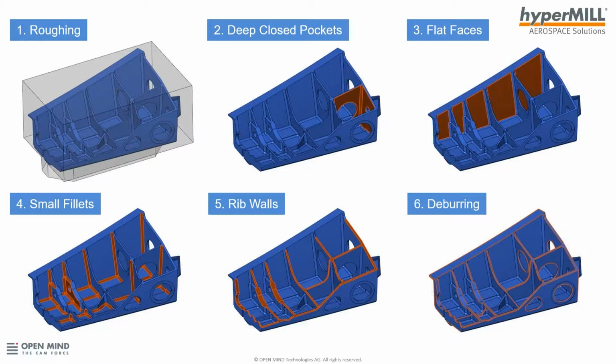The next challenge is rib walls. Often I find people will say rough down to the top of these rib walls and then try to finish them, because they are supported and stable, which stops vibration. But we're going to show a technique here where we can remove all the material very close to finish shape, and then come back and finish the rib wall tops without vibration or damage, and give a very high quality surface.